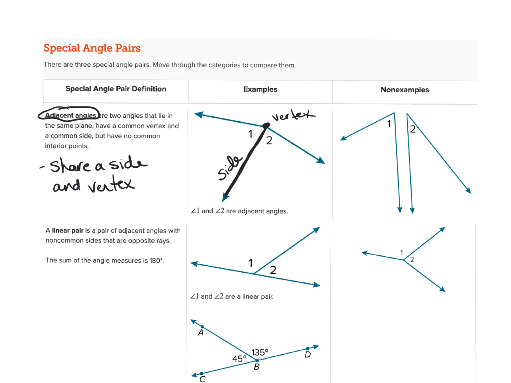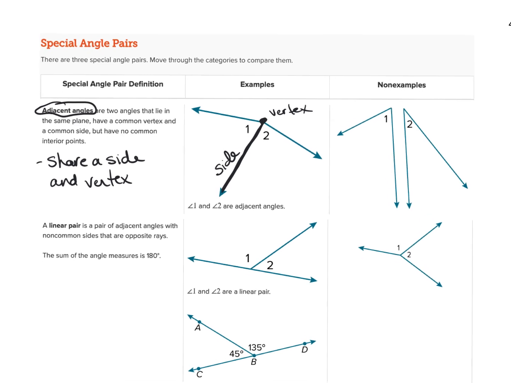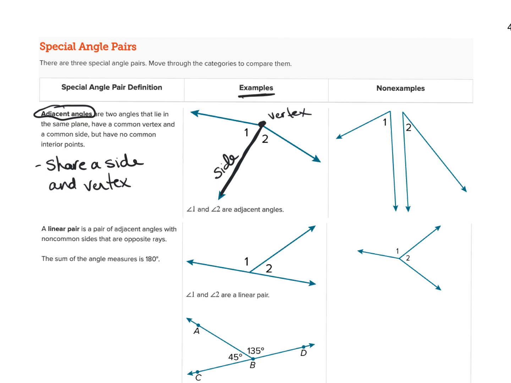Adjacent angles are right next to each other because they share the same vertex point and they share a side. And you'll notice here, this is an example of a pair of adjacent angles. This is not. These are not adjacent angles, and you'll notice they're not adjacent because they each have their own vertex. So there's an example of each.